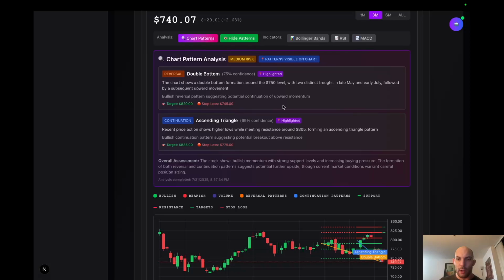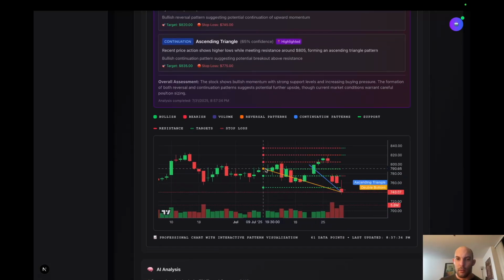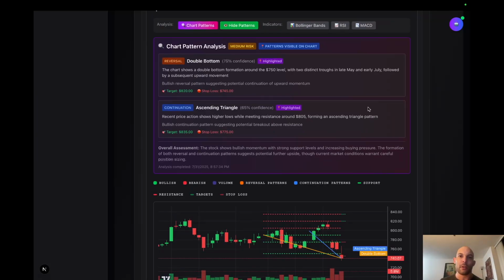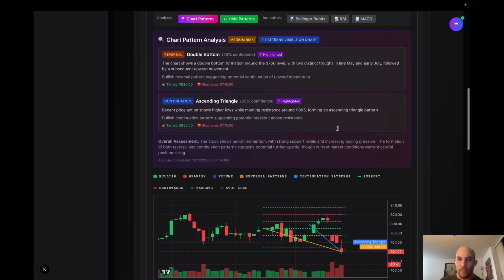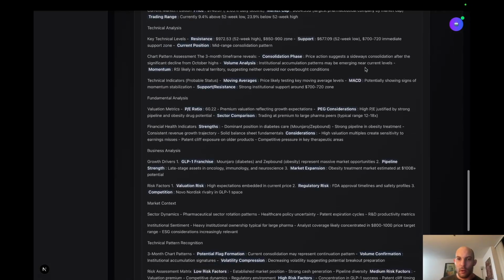We got a double bottom. Yeah, bam, bam. And then we have an ascending triangle. Stock shows bullish momentum with strong support levels and increasing buying pressure. I thought it had bearish, according to the other one. We have a bullish reversal pattern. Let's see.